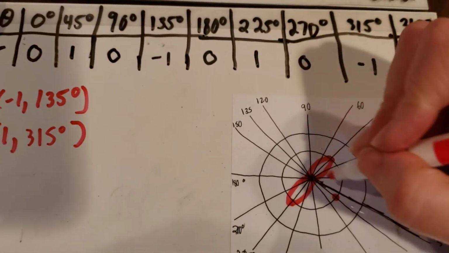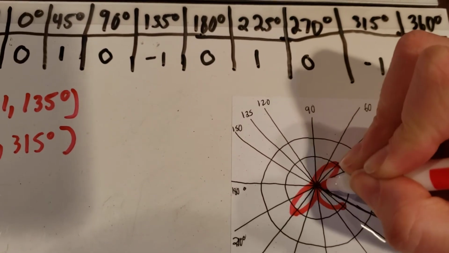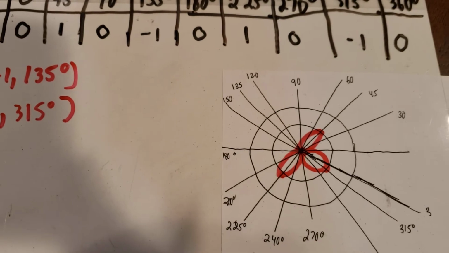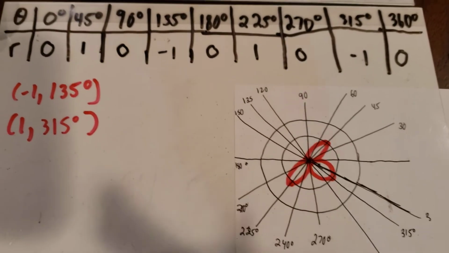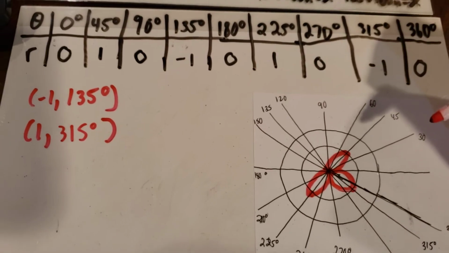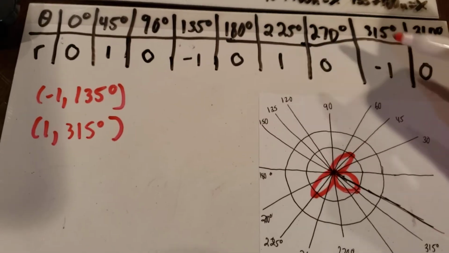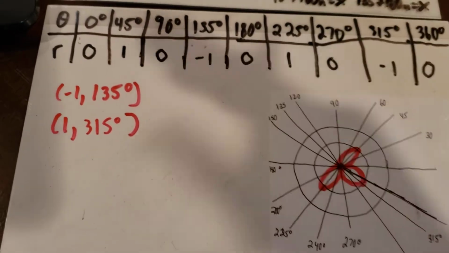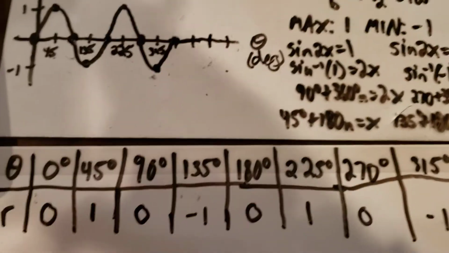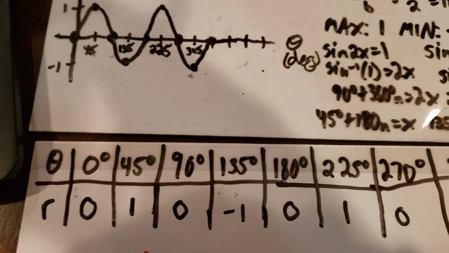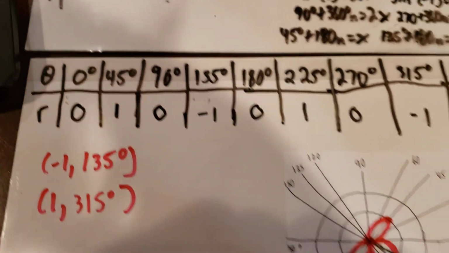So that's what's giving you this curve down here. Okay, so now I said last, but I shouldn't have yet. I was just looking over here. Okay, 270 to 315, we're at those negatives, right? And then at theta is 315 degrees, r is -1.